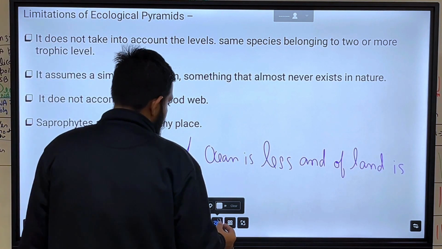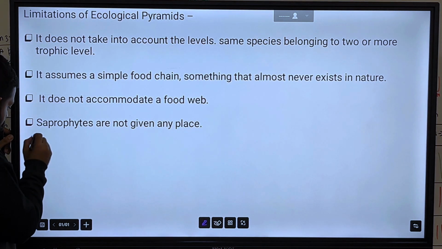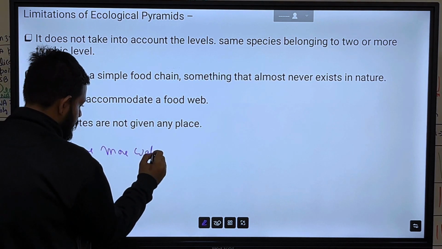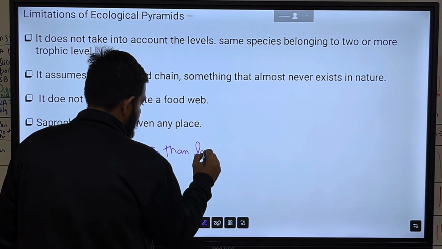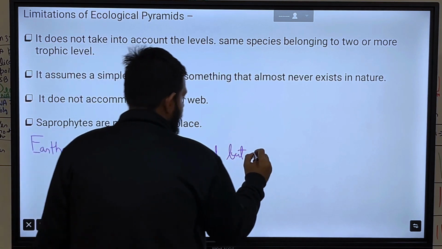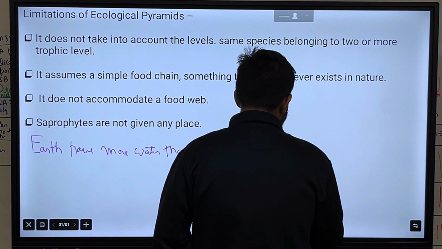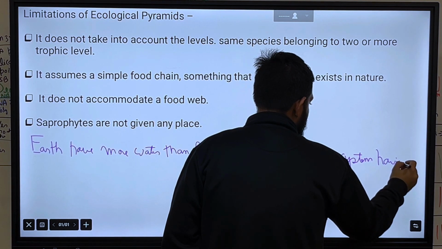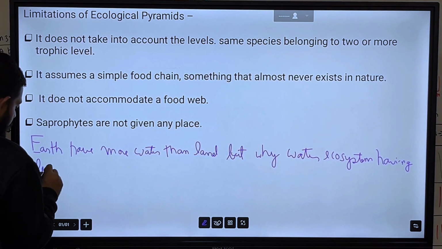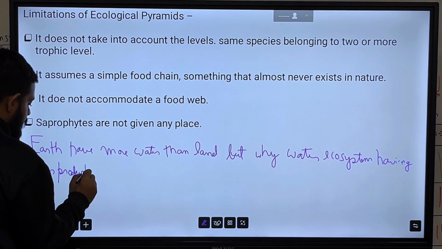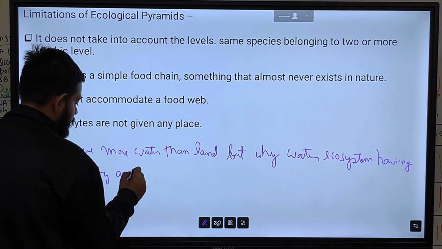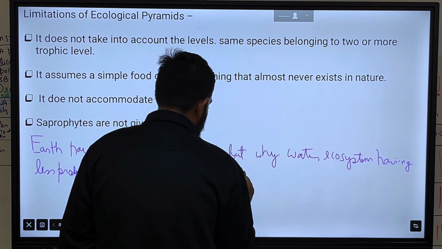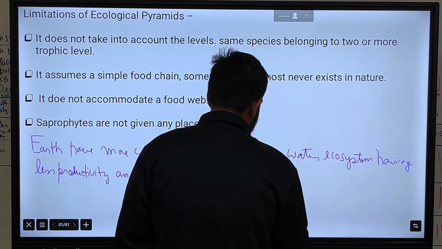Or I can write this question more clearly. Earth has more water than land, but why does the water ecosystem have less productivity and land have more productivity?